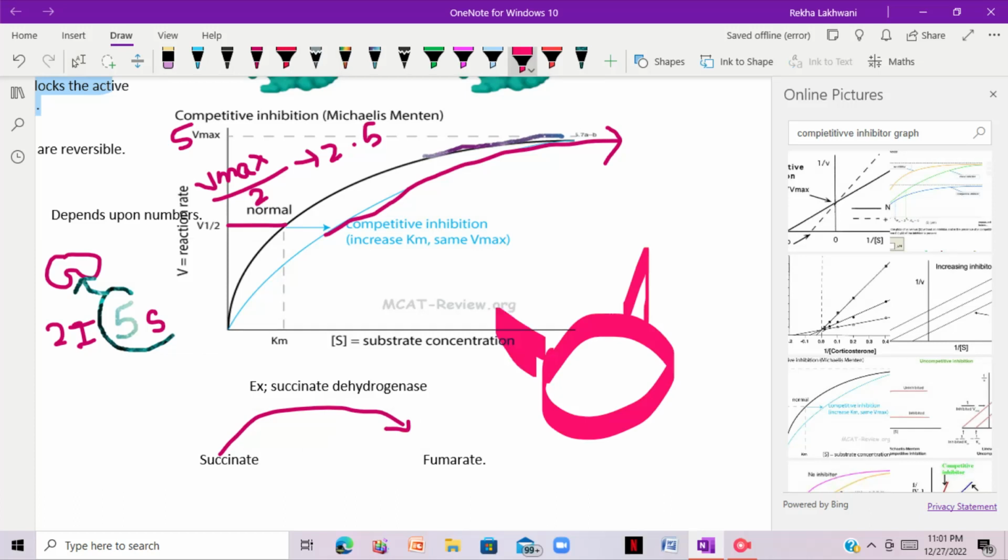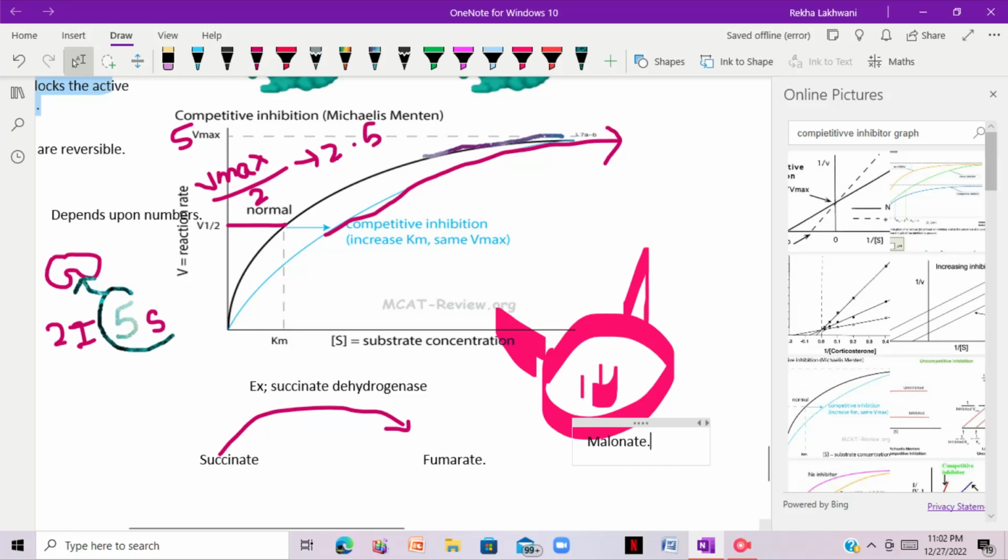So basically here malonate is a competitive inhibitor, right? And one more important thing. Another example of this is sulfonamides.